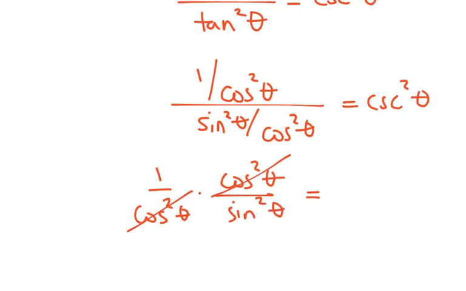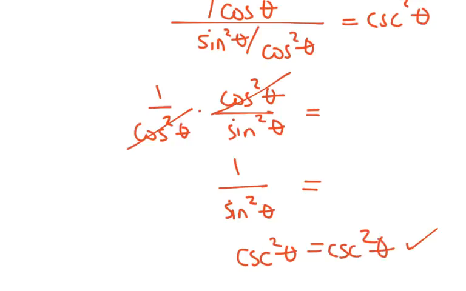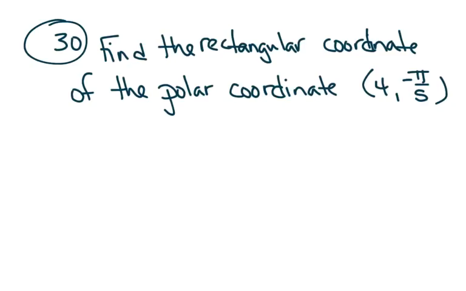These end up going away, so you're left with 1 over sine squared, and 1 over sine squared is cosecant squared. Identity verified.